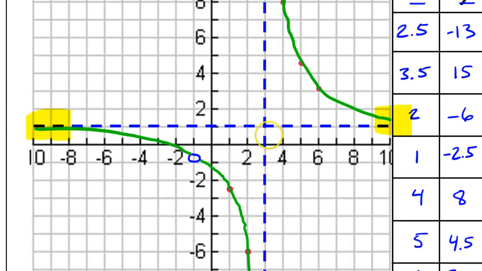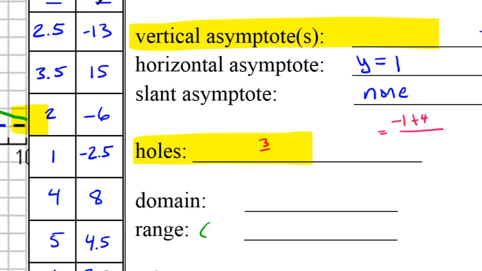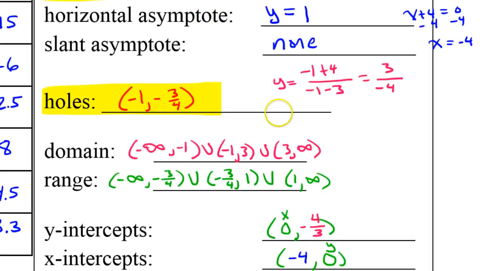This is not the end. End behavior is the left and the right. As we go to the left, we're approaching the horizontal asymptote, 1. As we go to the right, we're approaching 1. So it's going to be 1 and 1. And guess what? The end behavior is always going to involve your horizontal asymptote, which is 1.